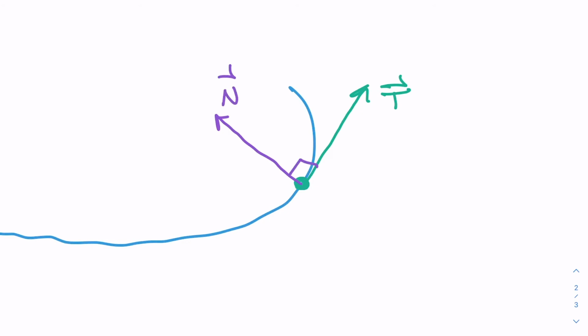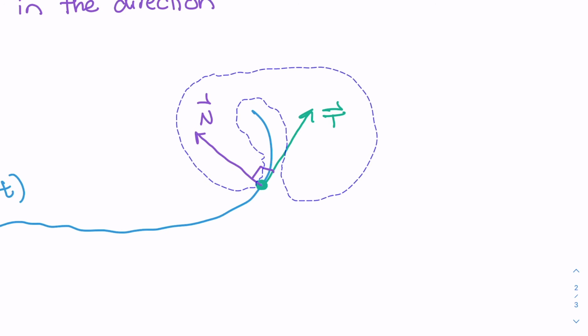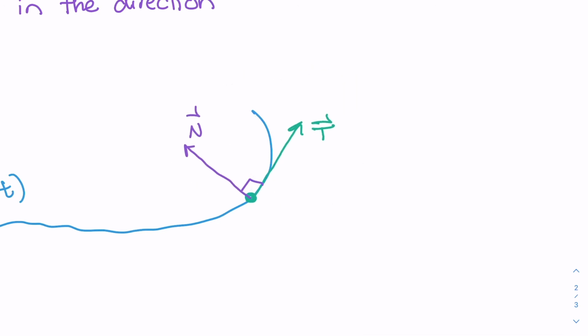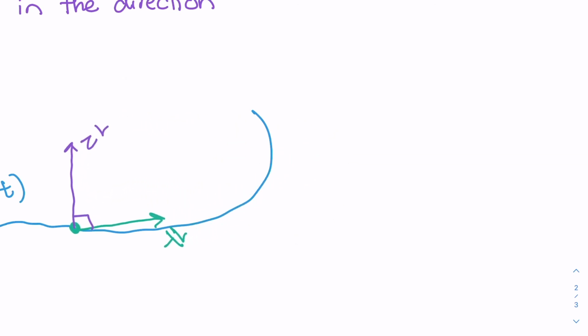And you can see that as t, the parameter t, increases and you move along this curve, then your T and N vectors are going to change. Can I rotate it? Yeah, here we go. So let me just do a little animation with my hands.